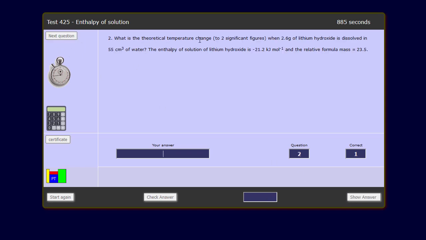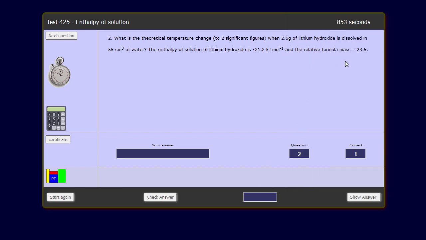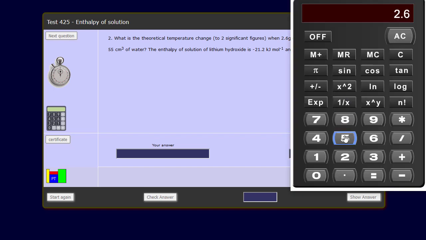The theoretical temperature change when 2.6 grams of lithium hydroxide is dissolved in 55 centimeters cubed of water. So let's find out how many moles 2.6 grams of lithium hydroxide is. Let's call up our calculator again. Let's remove everything. 2.6 divided by, and lithium hydroxide, let's just check it out, is 23.5.